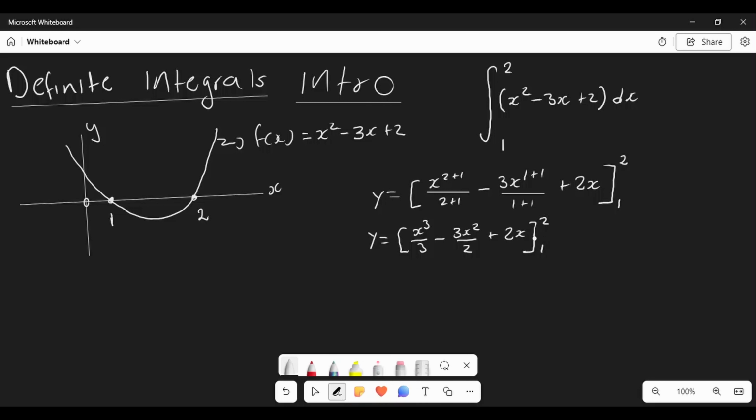Do not forget to write the limit. So the next step here, after integrating, it's time for you to substitute now. In fact, you can substitute directly, but rather include this step if this is new to you guys, right? All right, so the first bracket is for the upper limit, right?